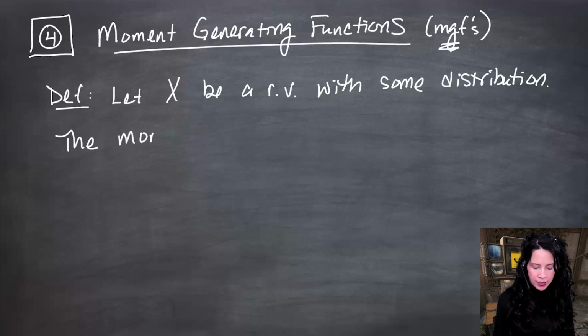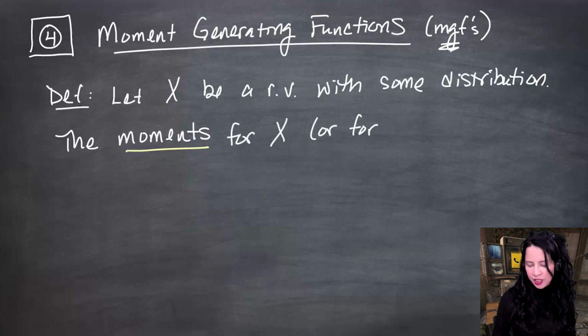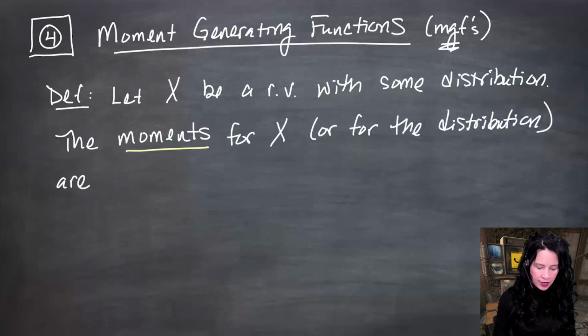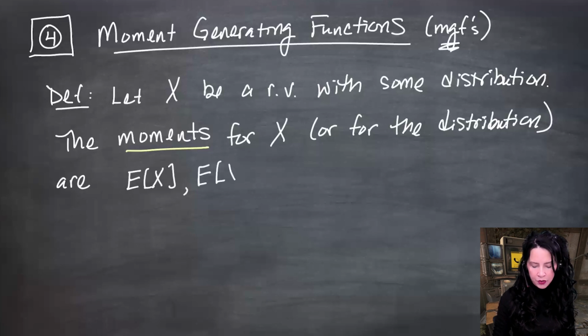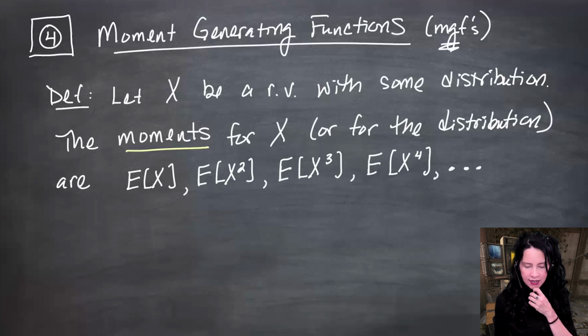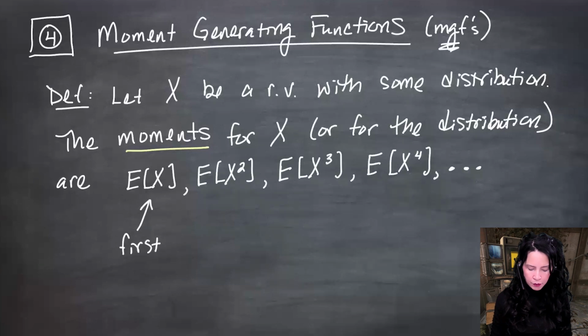The moments for X, or more really for the distribution, are the expected value of X, the expected value of X squared, the expected value of X cubed. Can you see where I'm going with this? The expected value of X to the fourth, etc. Now, before you say I've seen moments and this is not it, let me qualify this statement. But this is the first moment.